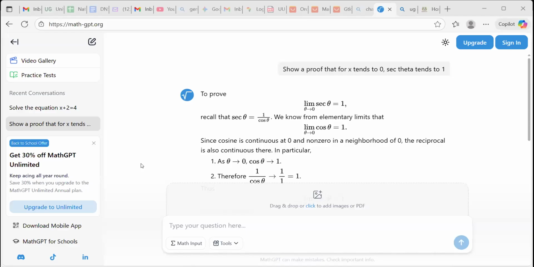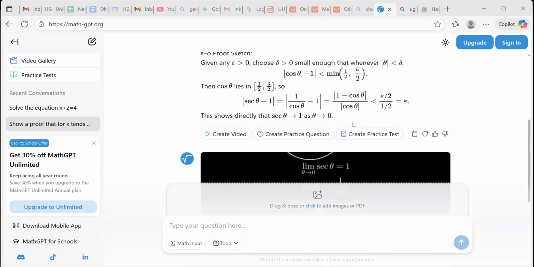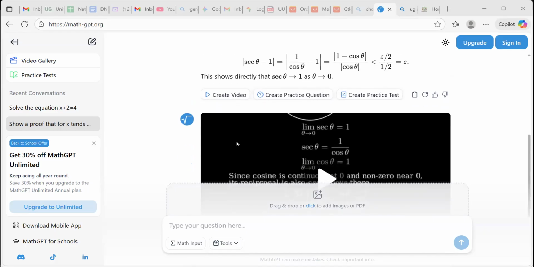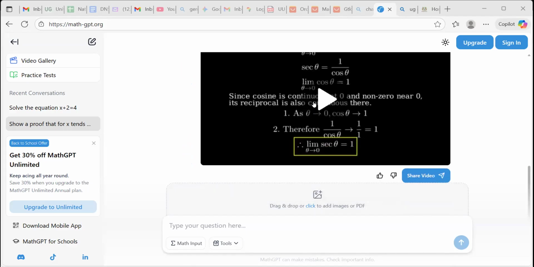They have a math solver. The AI presented the proof, all well and good, but what was a big surprise to me is that it has a button that says create video. I said, what craziness is this? And guess what? The AI created a video explaining it. Let me play it for you.